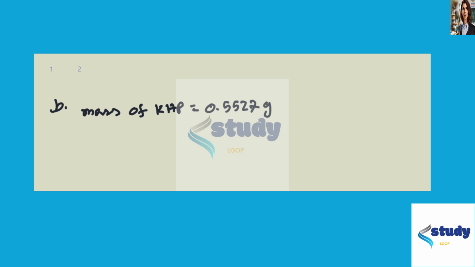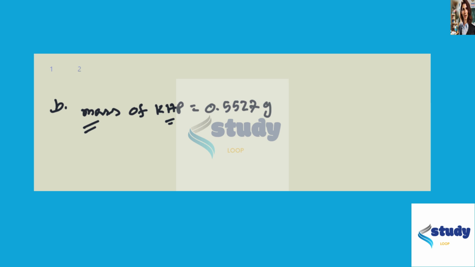For that, we need to know the number of moles of sodium hydroxide at equivalence point, and we have already given the volume of the sodium hydroxide. So first we have to find the number of moles of KHP using this mass, and as you know, at the equivalence point, the number of moles of the titrant and the titrated solution is equal. That means the number of moles of KHP at the equivalence point will be equal to the number of moles of sodium hydroxide, and using that we'll be able to find the concentration of sodium hydroxide.